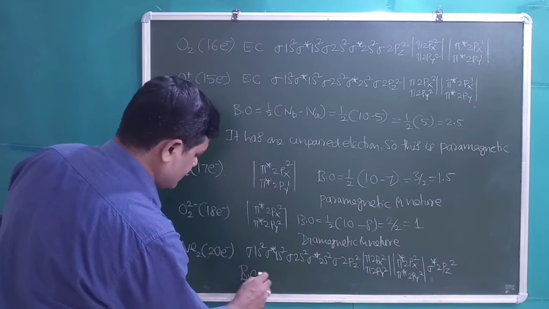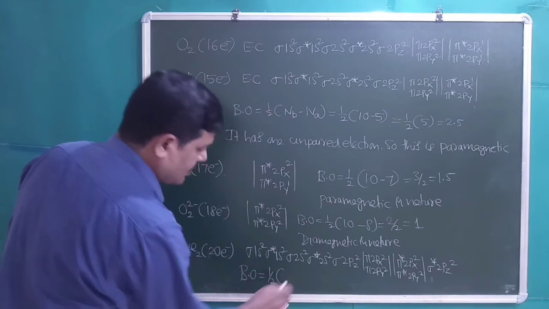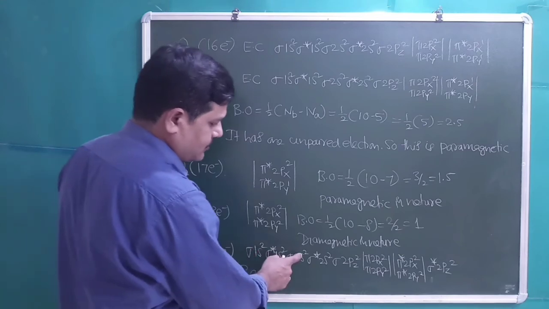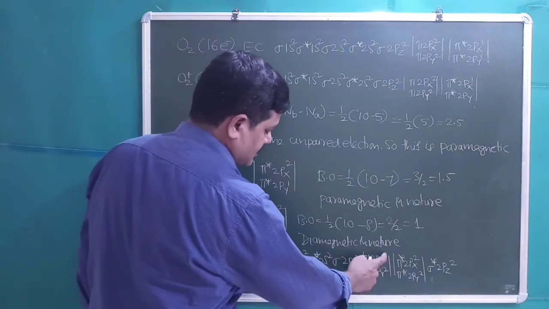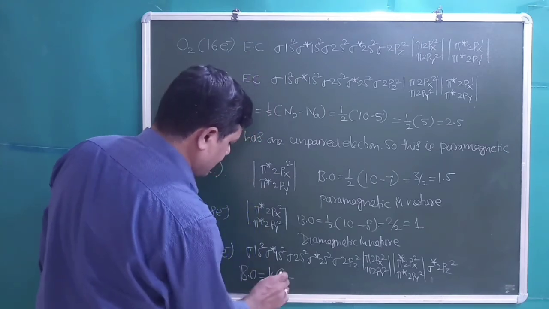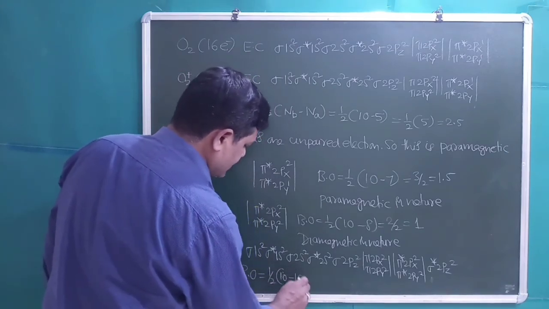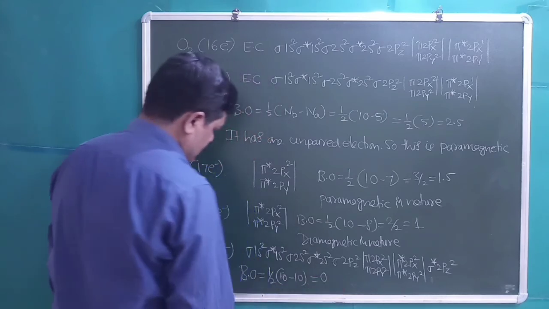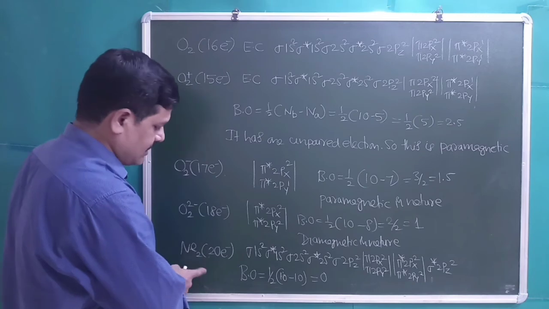Bond order is equal to half into the number of electrons present in the bonding molecular orbitals minus the anti-bonding. 2 plus 2 is 4, 4 plus 2 is 6, 6 plus 4 is 10. Anti-bonding also contains the same number of electrons. So 10 minus 10 is 0, 0 by 2 is equal to 0. So that means the molecule does not exist.